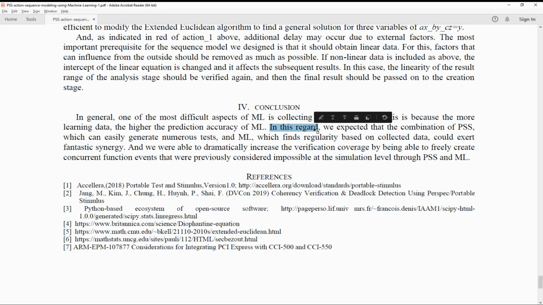In this regard, we expected that the combination of PSS, which can easily generate numerous tests, and ML, which finds regularity based on the collected data, could exert fantastic synergy. And we were able to dramatically increase the verification coverage by being able to freely create concurrent function events that were previously considered impossible at the simulation level through PSS and ML.